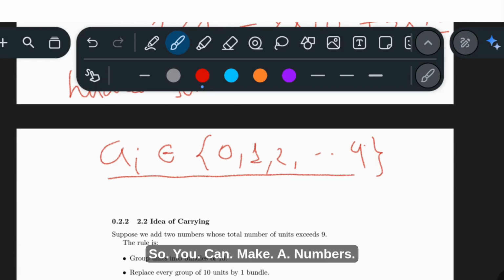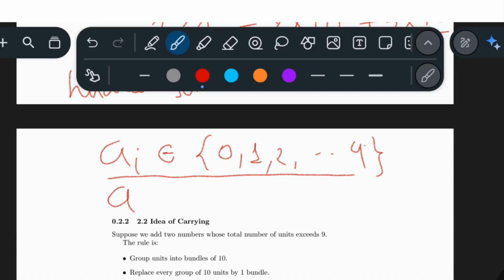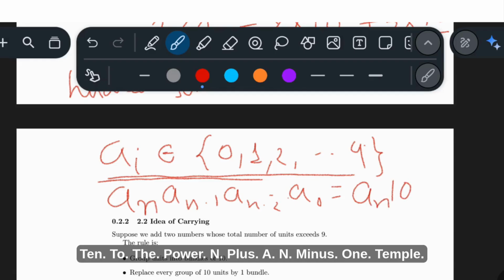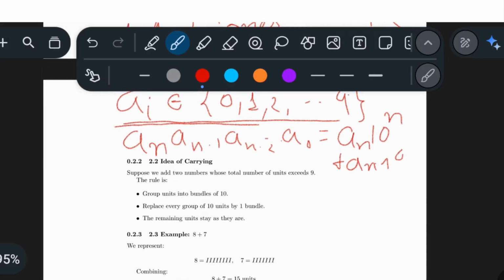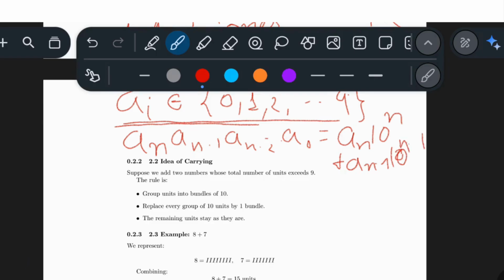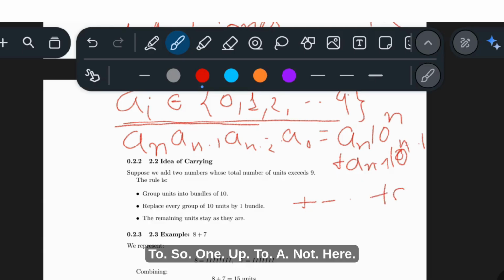So you can make a number a_n, a_(n-1), a_(n-2) up to a_0, that is equal to a_n times 10 to the power n, plus a_(n-1) times 10 to the power n minus 1, plus so on up to a_0.